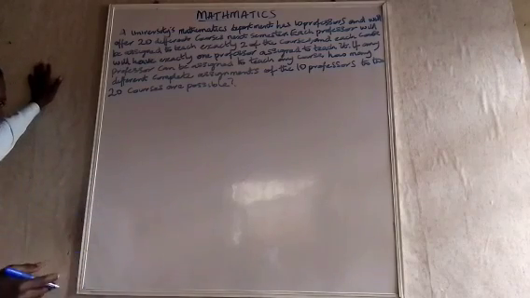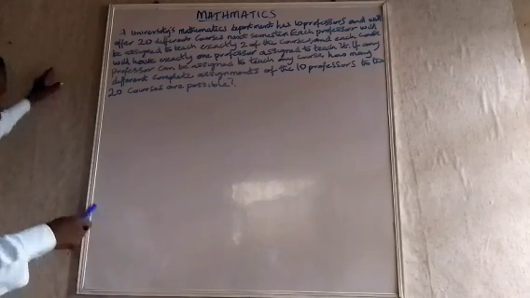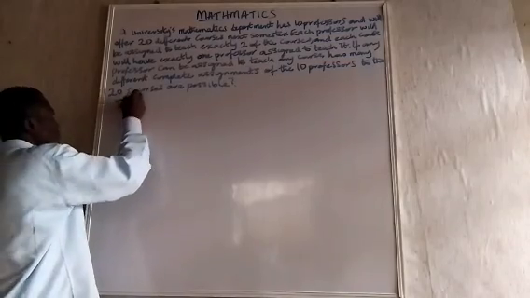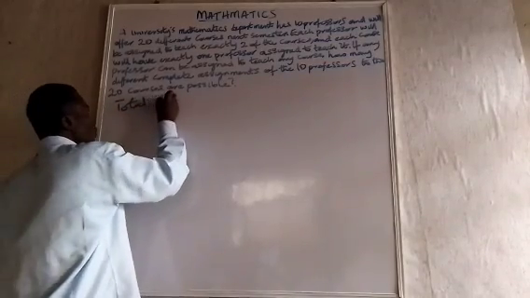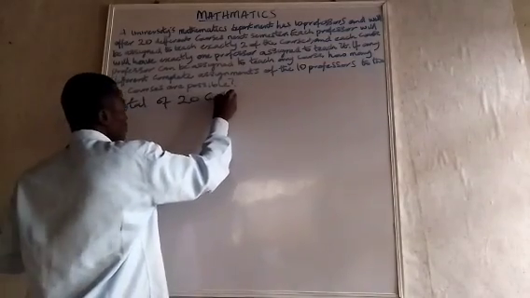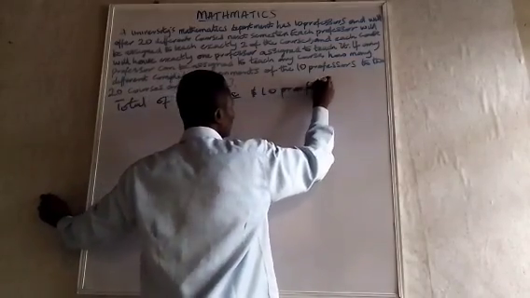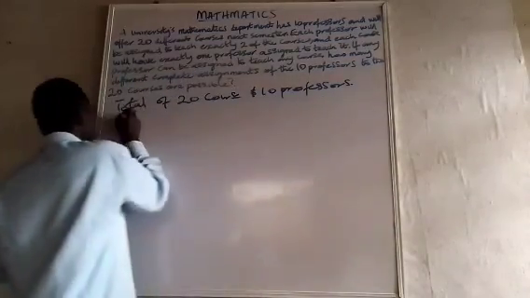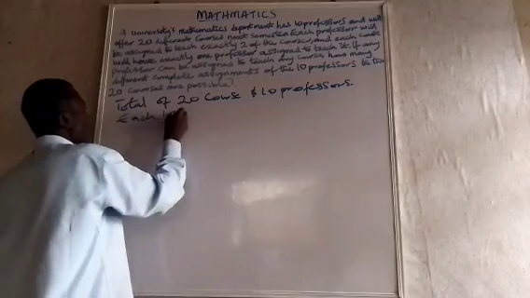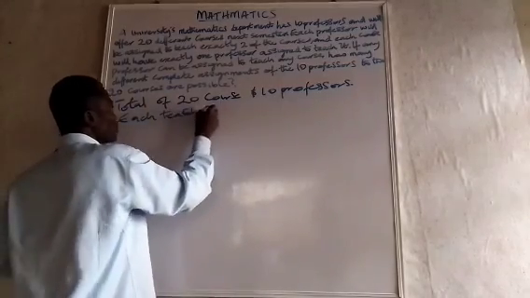Now, the way to assign it to the professors is like we have a total of 20 courses and 10 professors. Each teaches 2 courses.